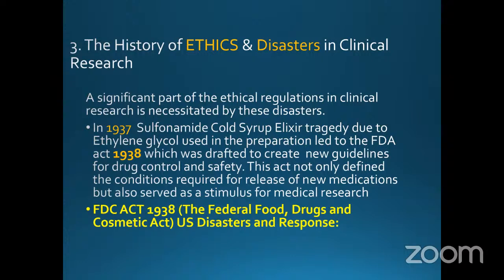In 1937, the sulfonamide elixir tragedy due to the ethylene glycol preservative surfaced when children died, and that led the FDA in 1938 to promulgate an act to create new guidelines for drug control and safety. This act not only defined the conditions required for release of new medications, but also served as a stimulus for medical research.